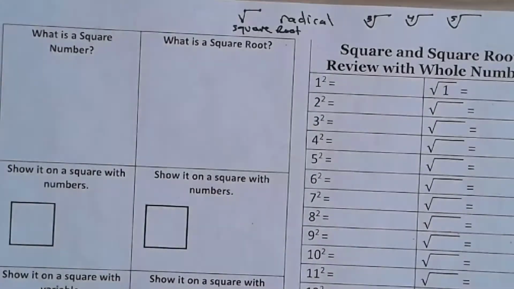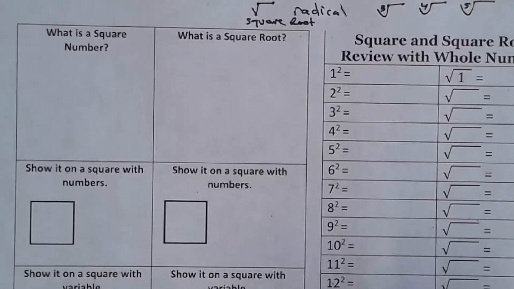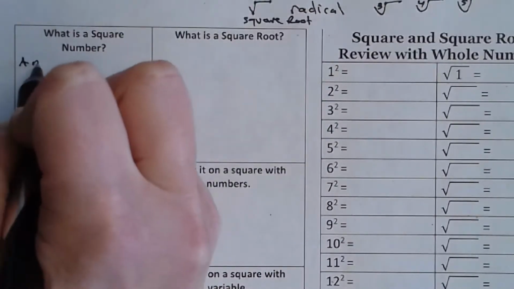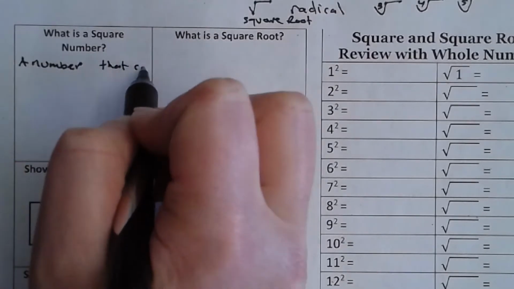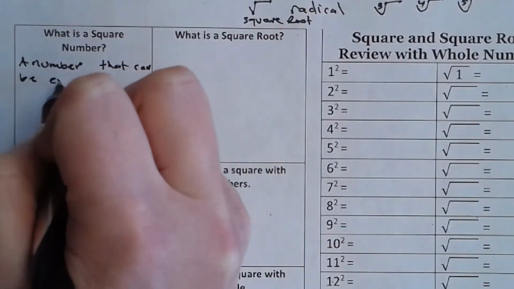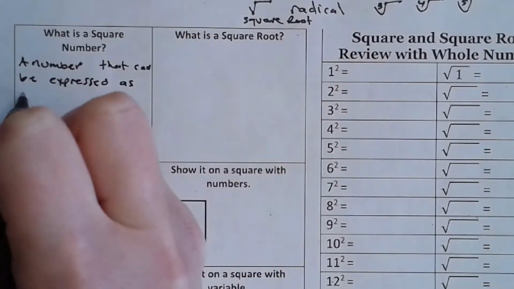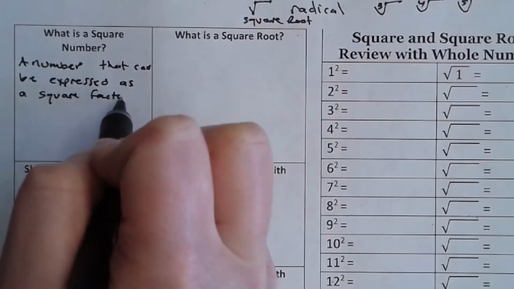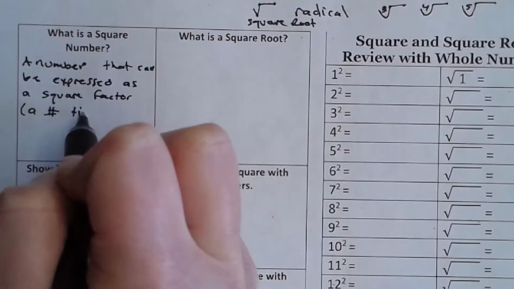Okay, so to understand a square root, you really have to understand what a square number is. A square number is a number that can be expressed as a square factor, which is basically saying a number times itself.